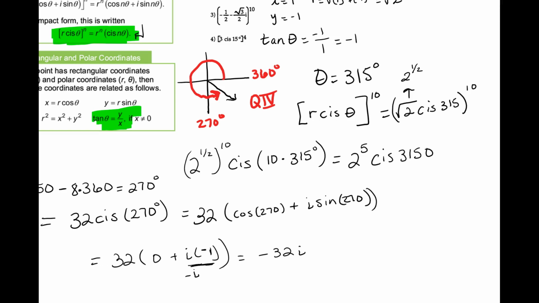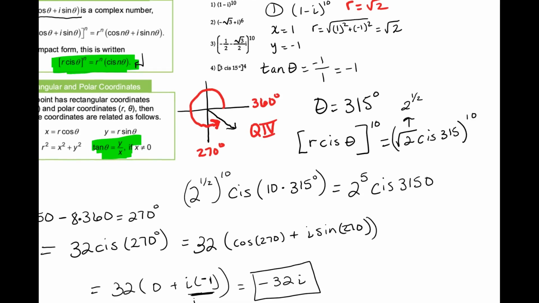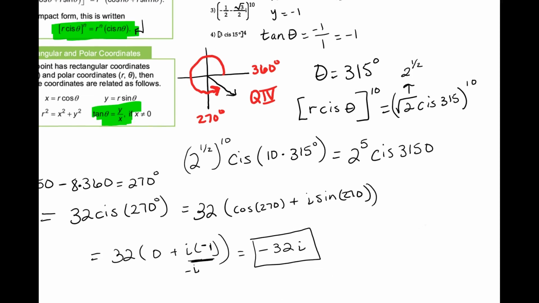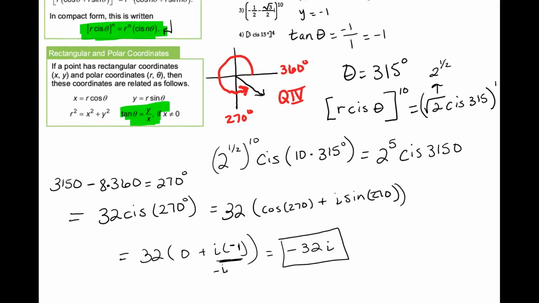This right here is -i times 32, which is -32i. And so this is our answer for 1 minus i to the 10th power. It ends up being -32i. So really neat example here, again an application of de Moivre's theorem.